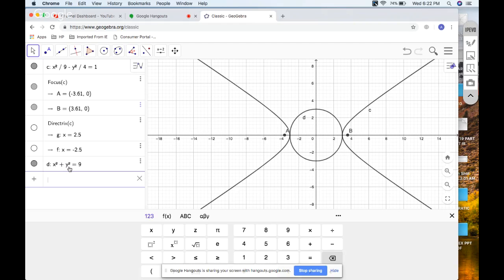As you can see on your screen, I have drawn for you a circle whose diameter is exactly the distance between the vertices.